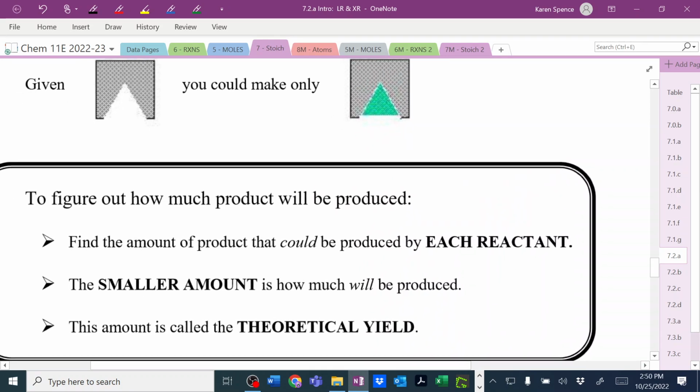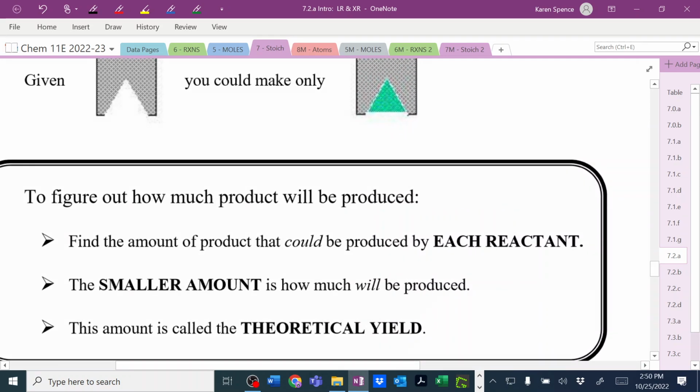So basically, all of this is just to say that to find out how much product you actually can make, you have to find out 2 amounts. You find the amount of product that could be produced by each reactant. So you're basically finding the amount of product twice, okay?